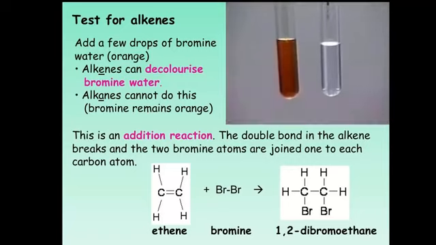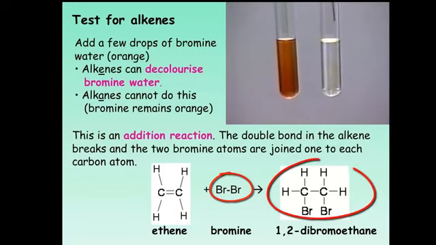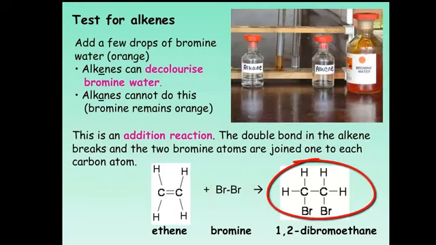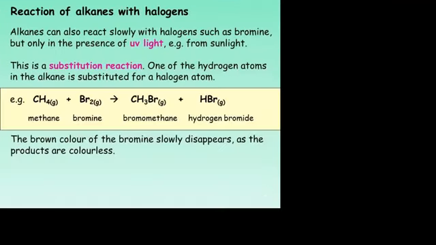The reason is that there is an addition reaction taking place. The double bond in the alkene breaks, and the 2 bromine atoms from the bromine water are added to the alkene, forming 1,2-dibromoethane, a saturated molecule.